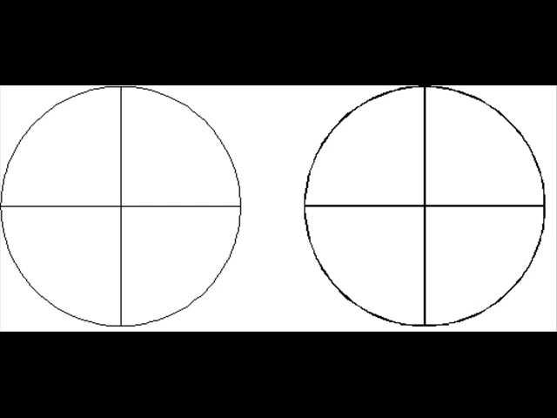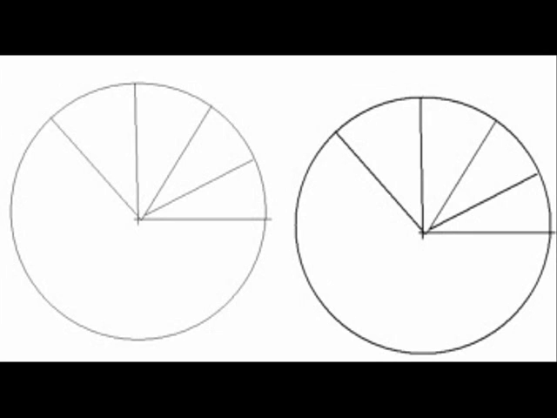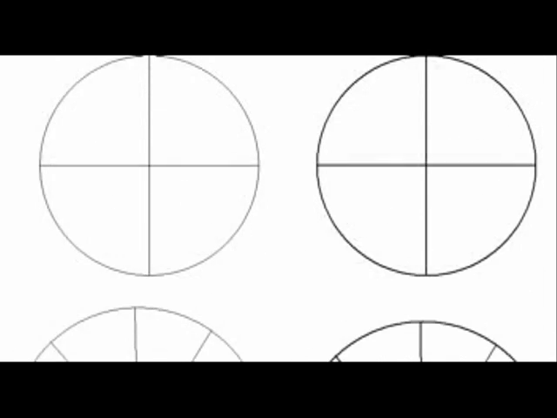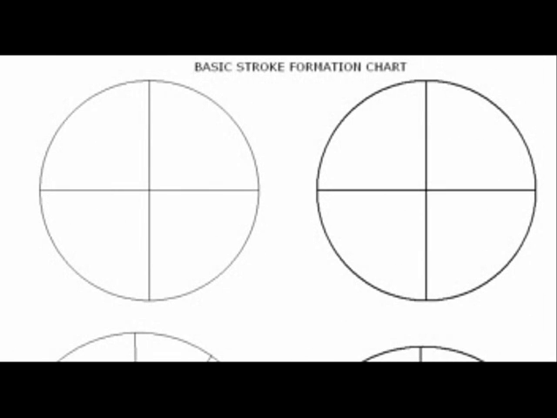You write the circle like this, then you draw lines, and you find straight lines and curves. This is called a curve. So there are straight lines and curves.